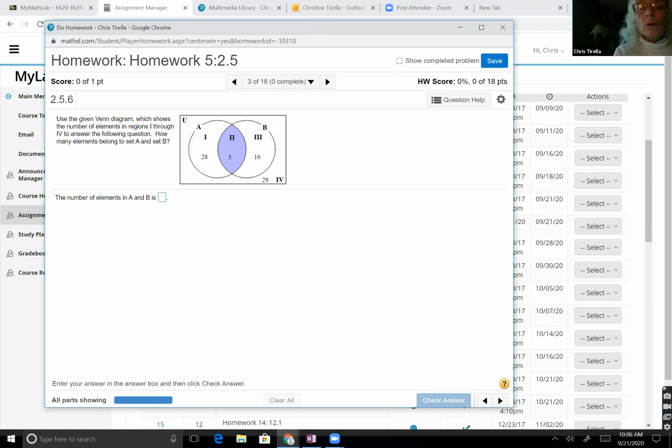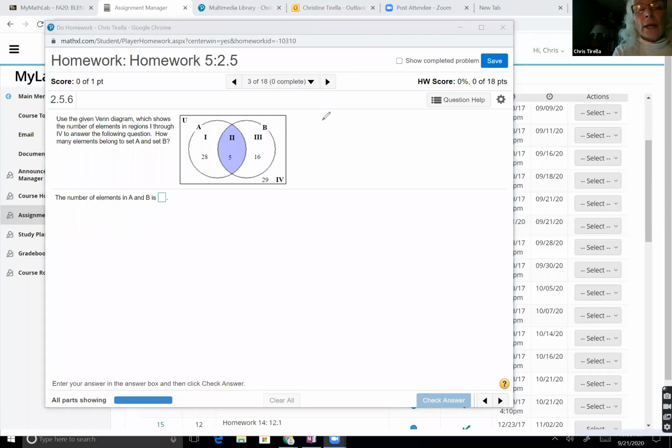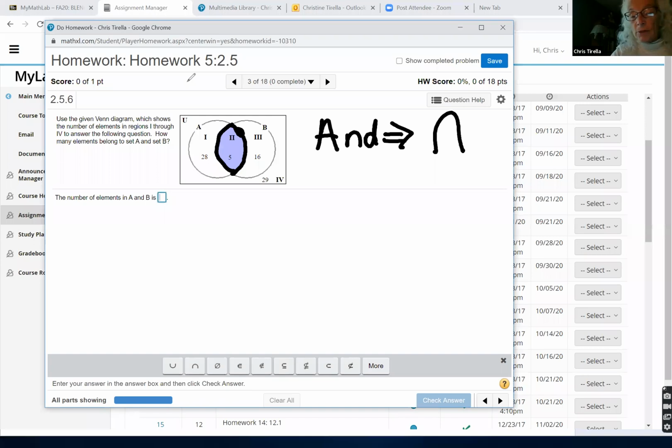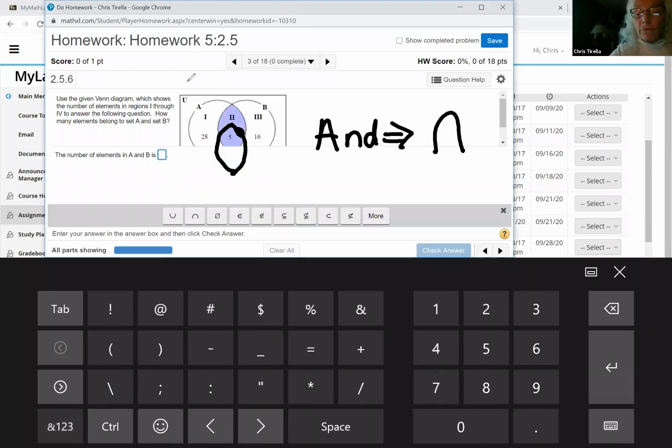Or you might look at the analogy, I think we've said it a couple of times, that and is like the intersection. And so when I look for A and B, that's looking for A intersect B. And so I do believe that that answer should be 5.